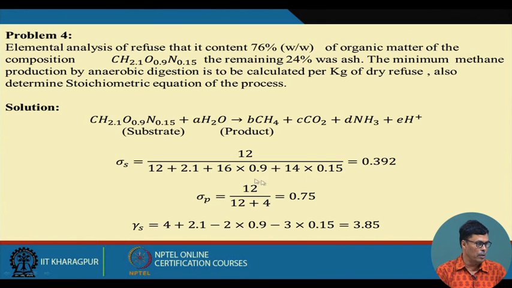Here we considered methane as the product, and we ignored the cell mass produced, since it is an anaerobic fermentation process and we assume the biomass formation here is negligible. If you do that, then we can calculate sigma s with respect to this substrate, and with respect to this product we can calculate gamma s and gamma p.